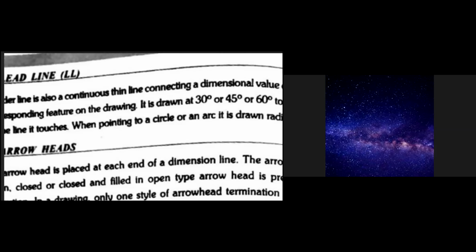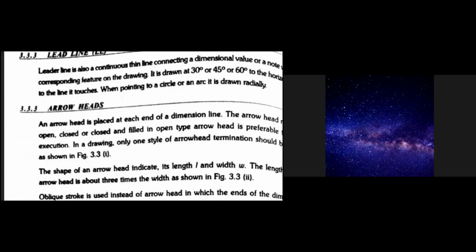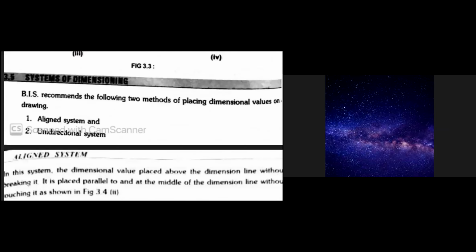For example, if a circle's diameter is 10 mm, we can write ∅10. It means ∅ indicates the diameter, and 10 means 10 mm. So a 10 mm diameter hole is there. These are the elements of the dimensions.